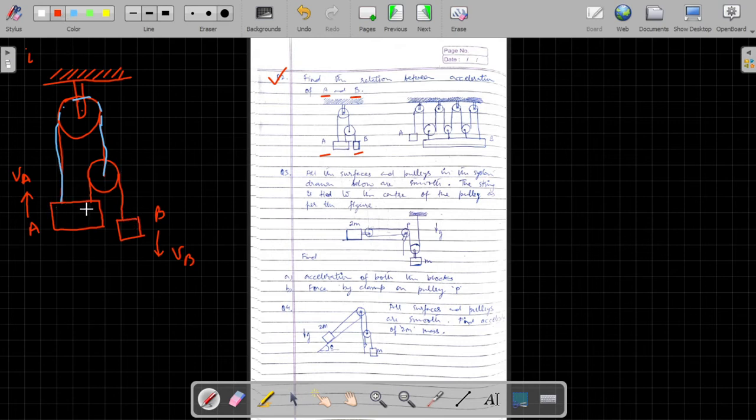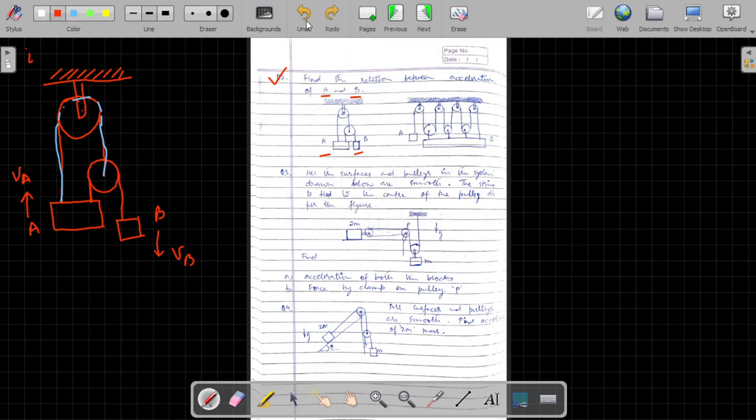In such types of questions, what we have to remember is to start with the string which is connected to both the blocks. Which string is connected to both the blocks? This string, the one we are coloring right now. So let us study that.